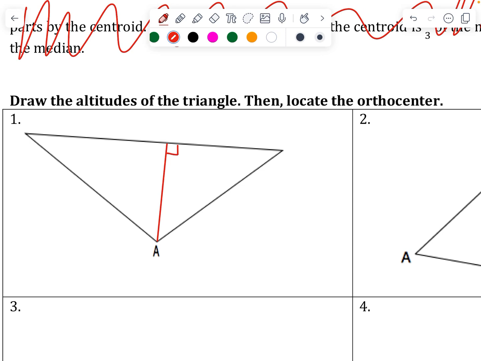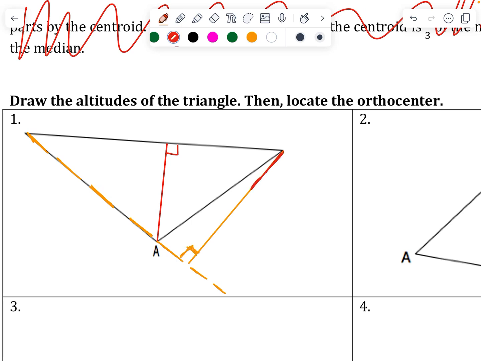What's interesting about our altitudes or our heights is that sometimes we have to extend a triangle in order to make a 90-degree angle. So for example, on this side that I'm highlighting right now in orange, I might have to extend that side of the triangle in order to get a 90-degree angle.